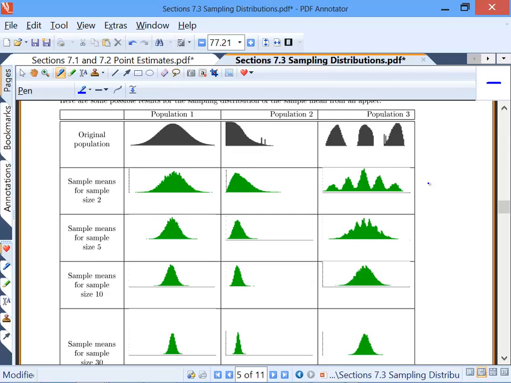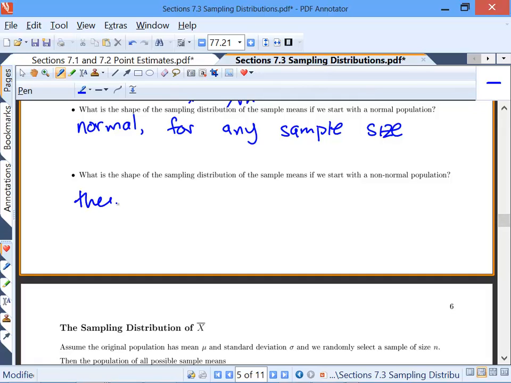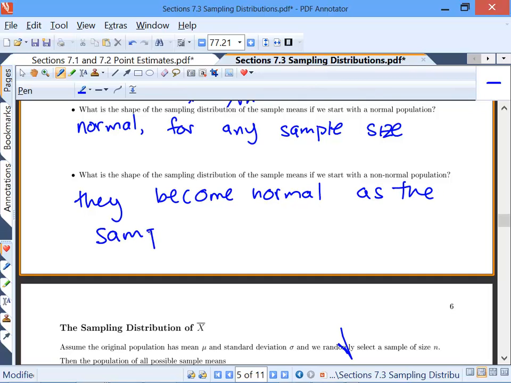How would you describe those? They become normal as the sample size increases.